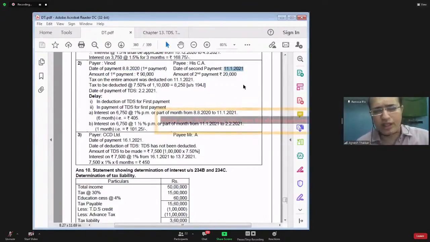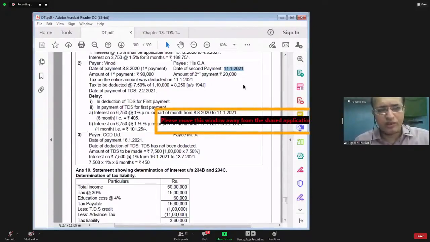From 8th August 20, you calculate 1 month. That will be 7th September, 7 October, 7 November, 7 December, 7 January.